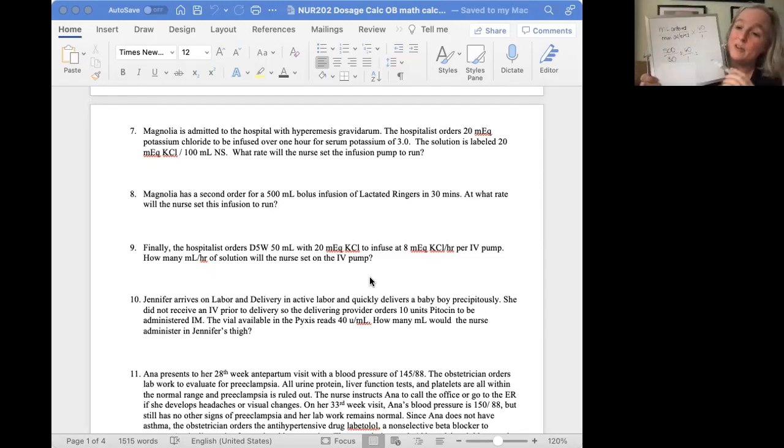Now, there's a couple things you can do with this. One thing you can do is say we're giving 500 milliliters in 30 minutes, so I need to run it twice as fast. And just know that that must be 1,000. Or you can multiply it straight across.